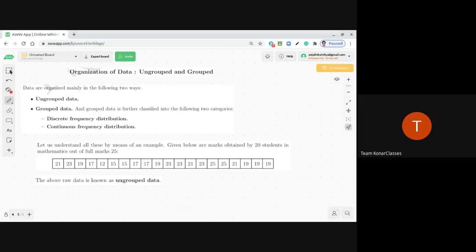Similarly, mark 15 is obtained by 2 students, mark 19 by 5 students, mark 21 by 3 students, mark 25 by 2 students, and so on. So what you can do is make a little updation of the same data of these 25 students in the following manner, and I'm going to show you that first.